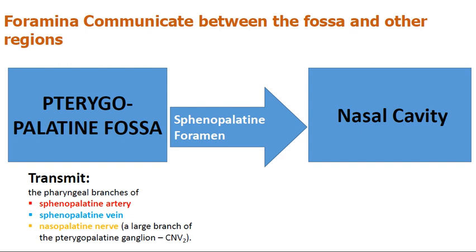And this nerve is general sensory to the nasal mucosa. So the important relation between the nasal cavity and the pterygopalatine fossa is the passage of these structures, to and through what is called the sphenopalatine foramen.